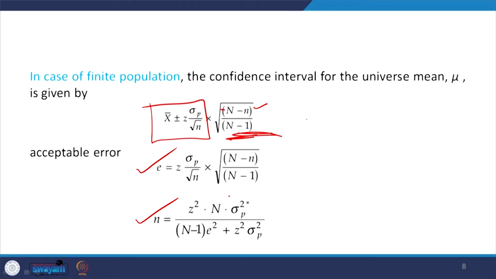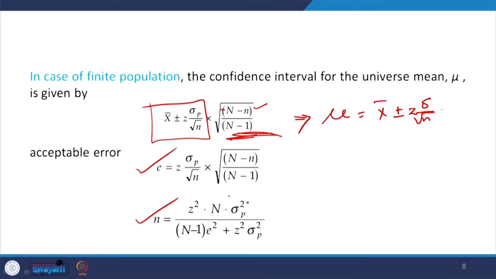We are interested in calculating this. This is basically mu is equal to x bar plus minus z sigma over square root of n.